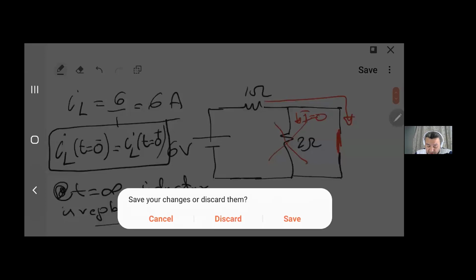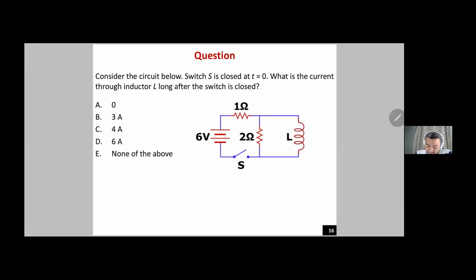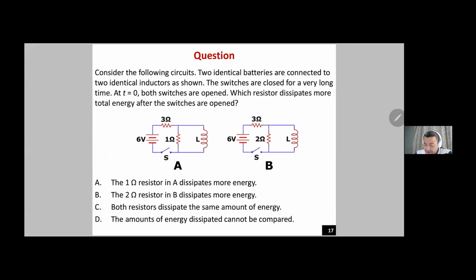Okay, so let's move on to this question, and I think this is our last question for today or for this course. In this question, we have the following circuits.